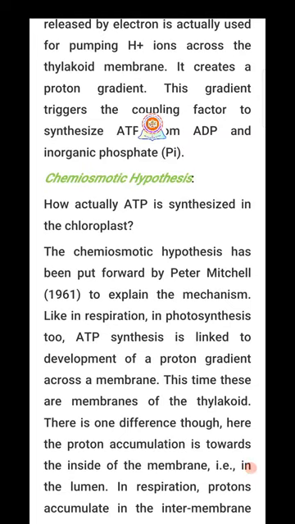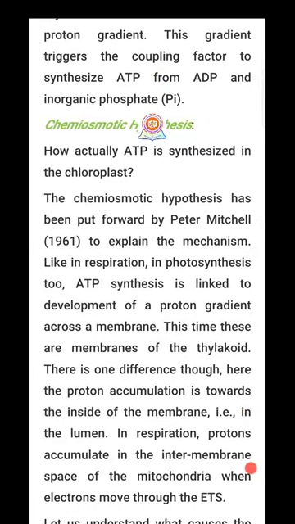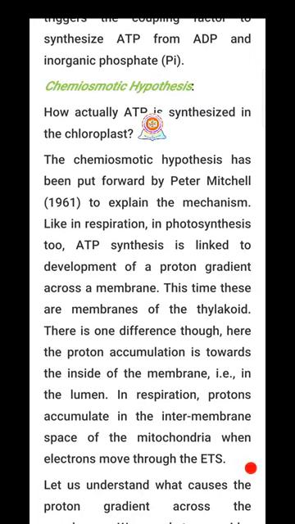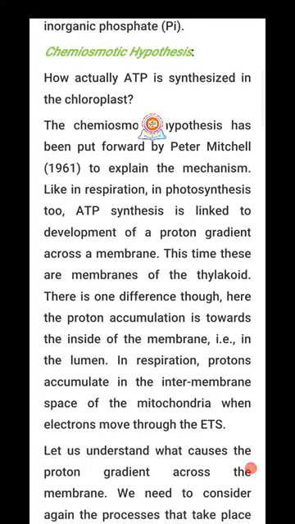Like in respiration, in photosynthesis too, ATP synthesis is linked to the development of a proton gradient across the membrane. Here in non-cyclic photophosphorylation, that membrane is the thylakoid membrane. There is one difference: here the proton accumulation is towards the inside of the membrane, that is in the lumen.